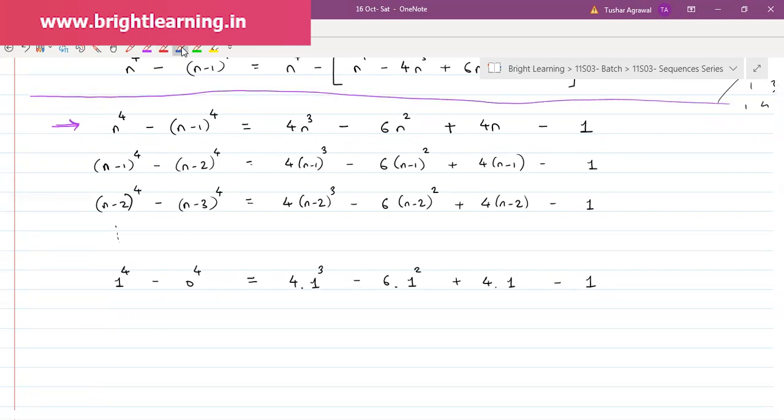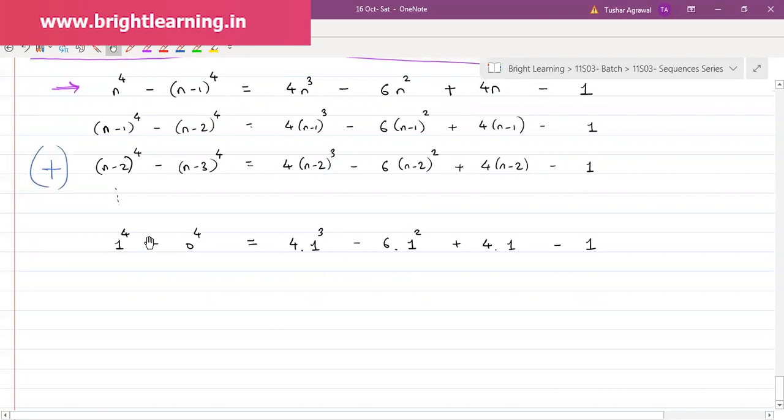Now if I just add these, what happens? The negative is getting cancelled out with the positive of the next step, in the Z pattern. The second term is getting cancelled out with the first term of the next step.